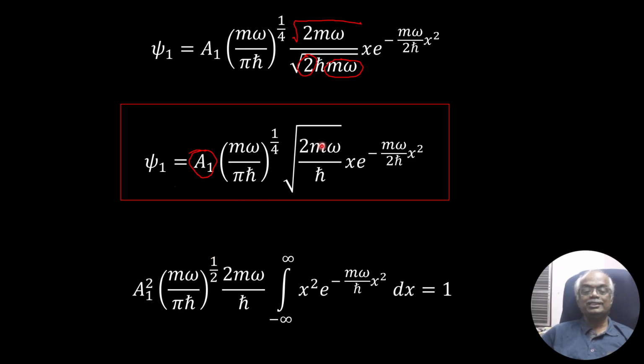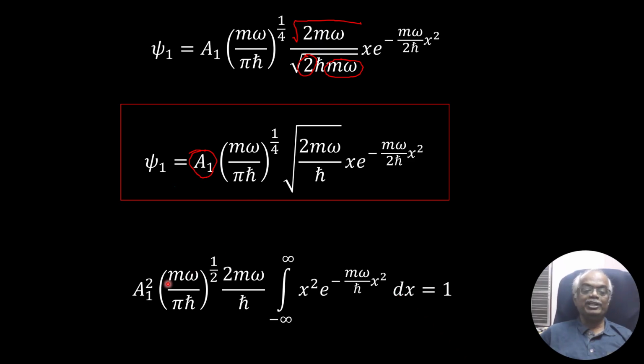If you square this, the 2m omega over h cross square root will get removed, and we are going to integrate modulus psi 1 squared. We have taken all constants outside, leaving only the variable x squared and the square of the exponential term. If you square the exponential term, you will get e power minus m omega over h cross x squared dx, and this must be equal to 1.